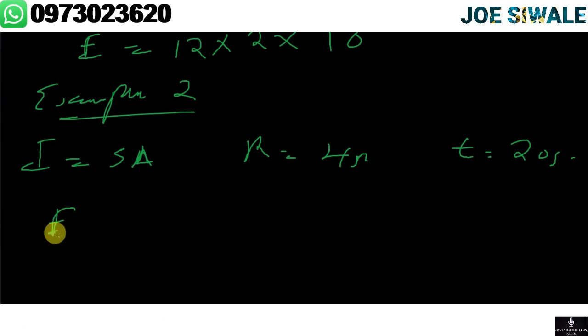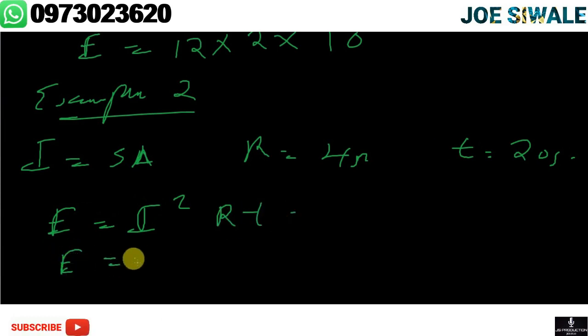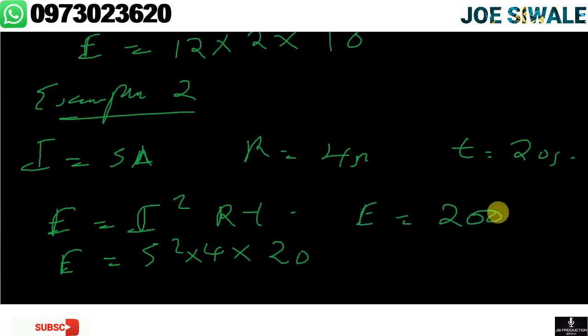Energy is equal to I squared R T, so my electrical energy is going to be the current, that's 5 squared, resistance, that's 4, multiplied by 20. When I do my multiplication, it's going to give me 2000 joules.